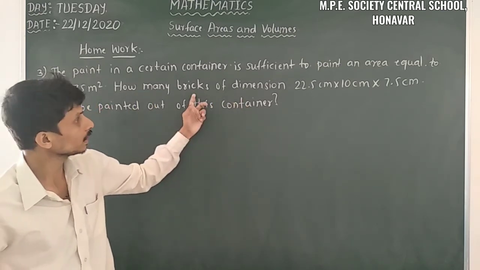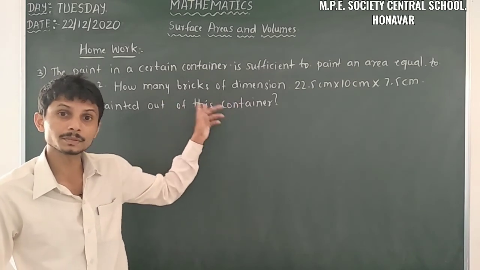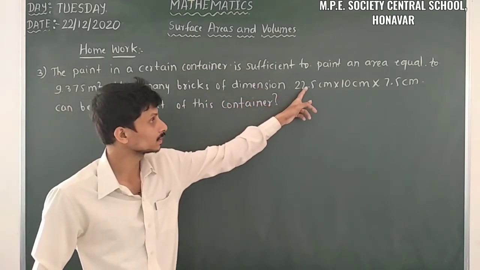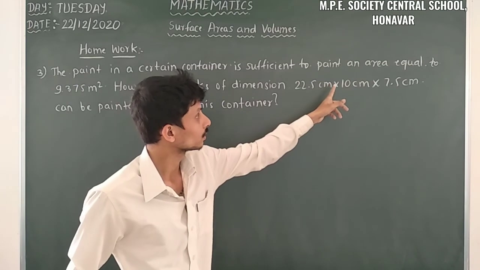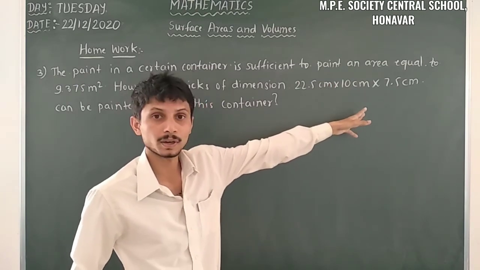It is given that the dimension of each brick is 22.5 centimeter cross 10 centimeter cross 7.5 centimeter.